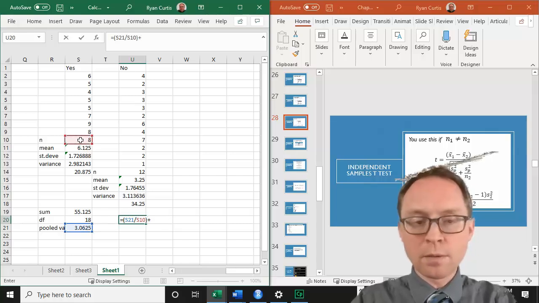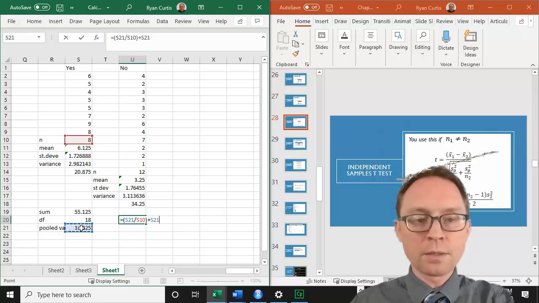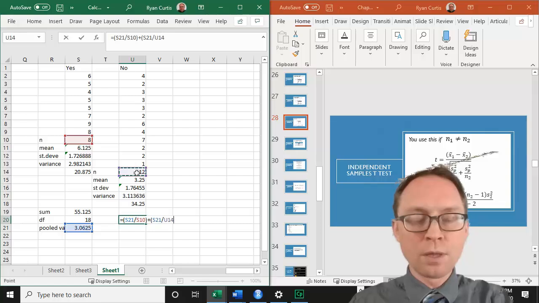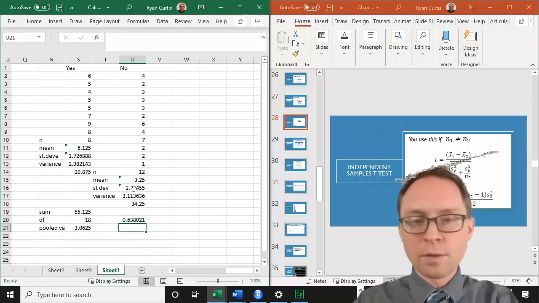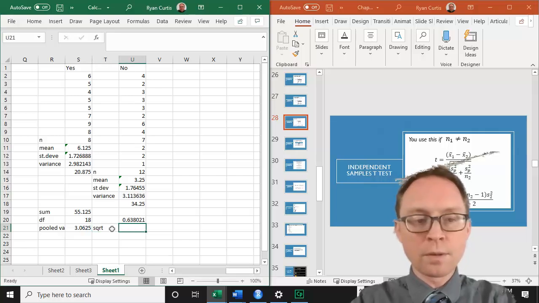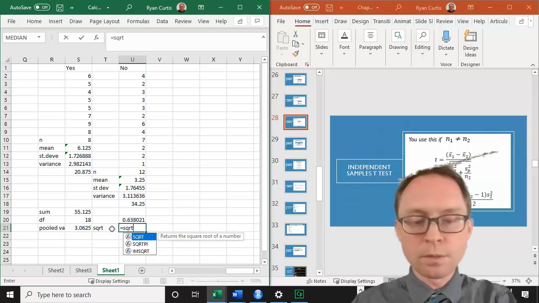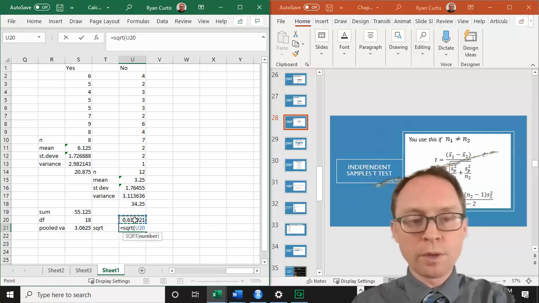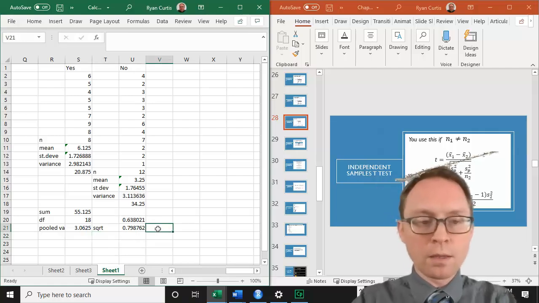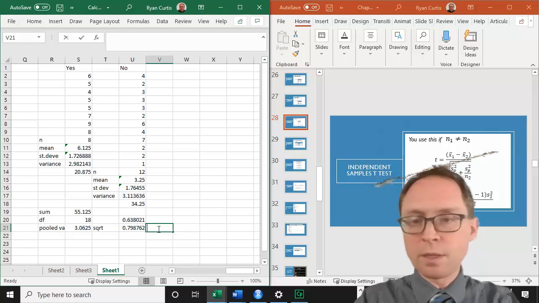Plus the pooled variance divided by n sub 2, which is 12. So this is going to be that, and then we get the square root of this, 0.7799 essentially. That's going to be the denominator.